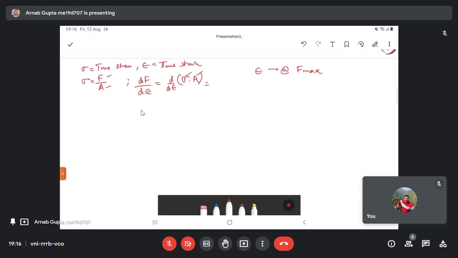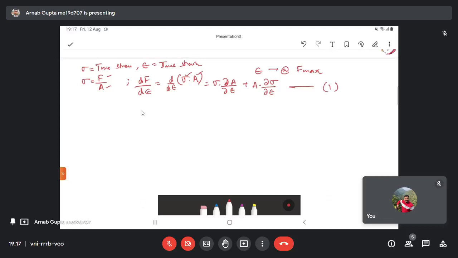Here area means the area of cross section of the loaded material. So we can write here, right? I am tagging it as equation 1.